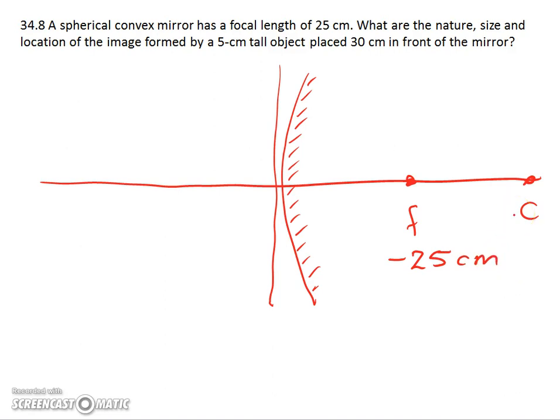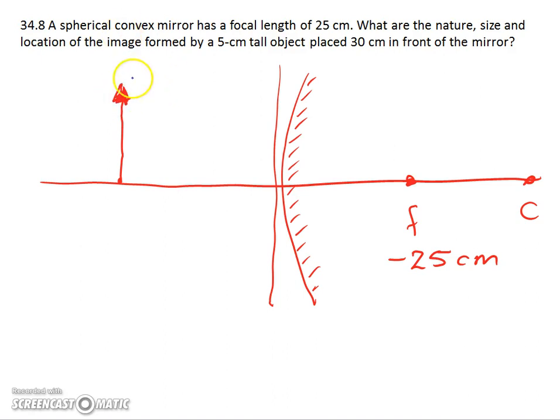Okay, we're asked about an object placed in front of the mirror. It's a little bit further along than the focal distance, and I'm going to exaggerate the height, because if I don't, my ray diagram isn't going to work very well.